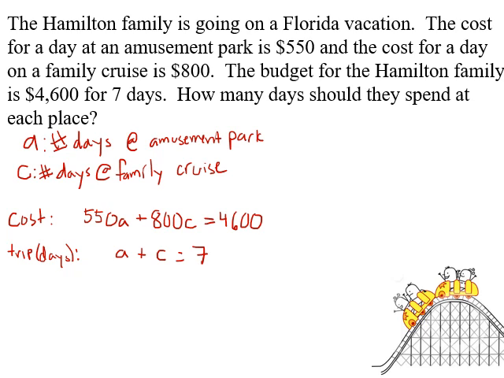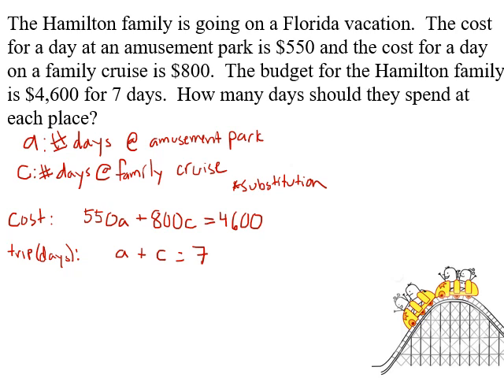Their trip is 1 week long. So I now have my system of equations and I can solve. Last time we used elimination. This time I'm going to use substitution, just to kind of balance things out.